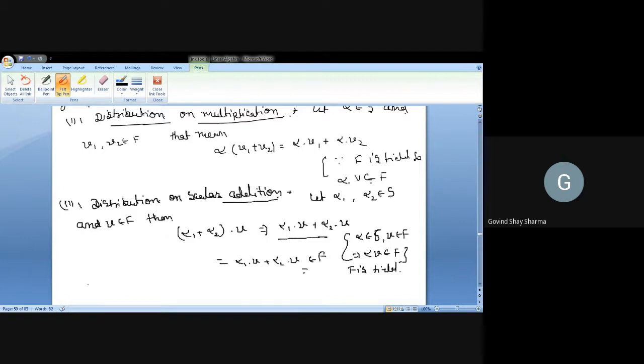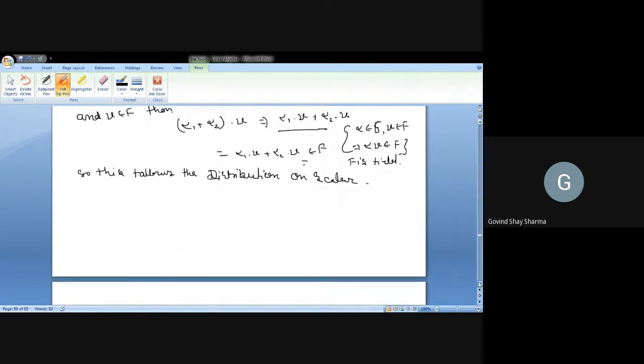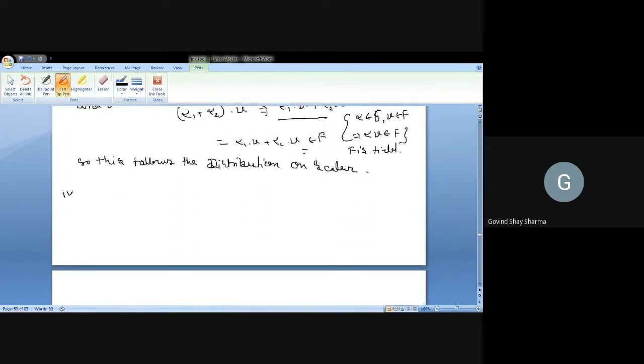So this follows the distribution on scalar. Now for associative.